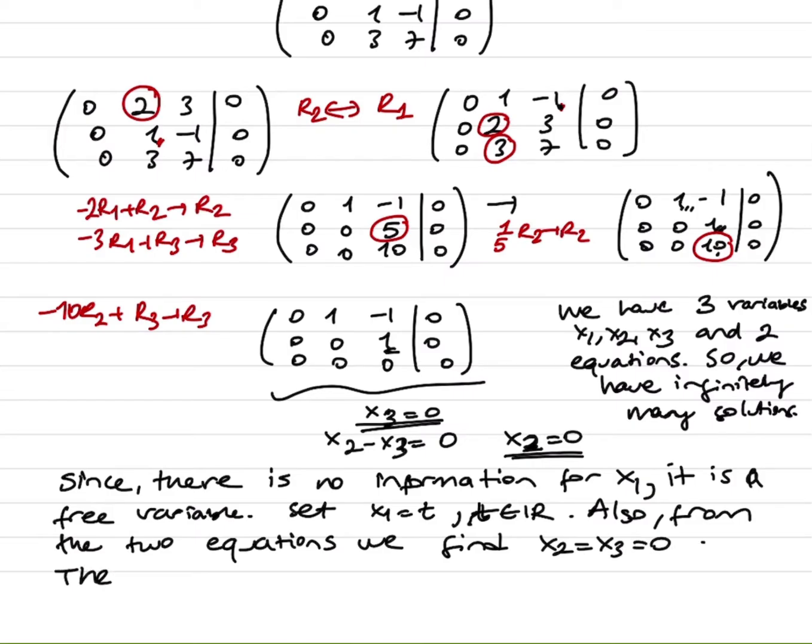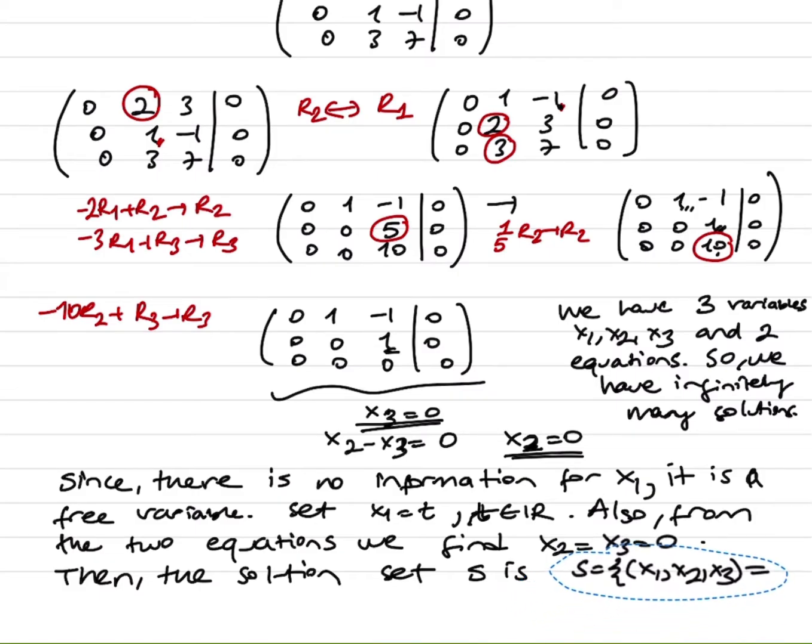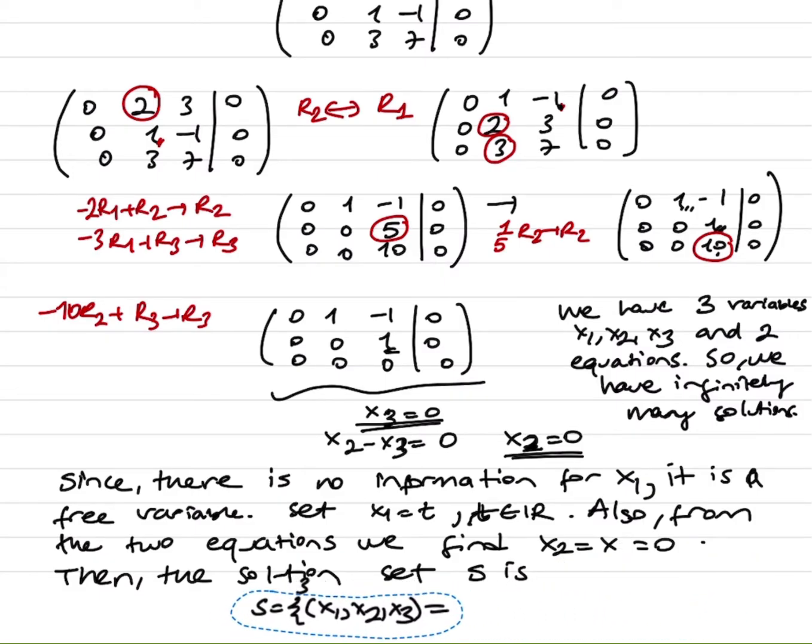What is the solution set? The solution set is given like this: x1, x2, x3 is equal to t, 0, 0, such that t is in R. So this is our solution set, and we have infinitely many solutions.